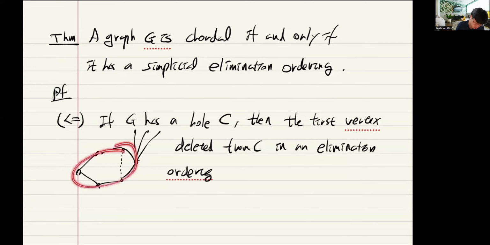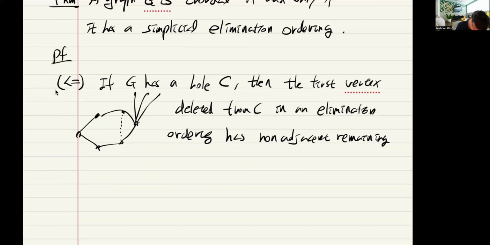Because this is a hole, that means there are no chords. So this first vertex has two non-adjacent remaining neighbors.